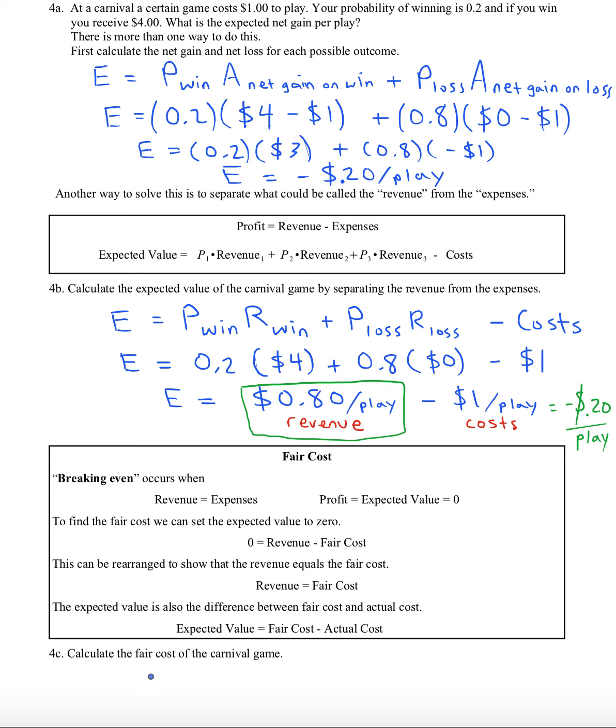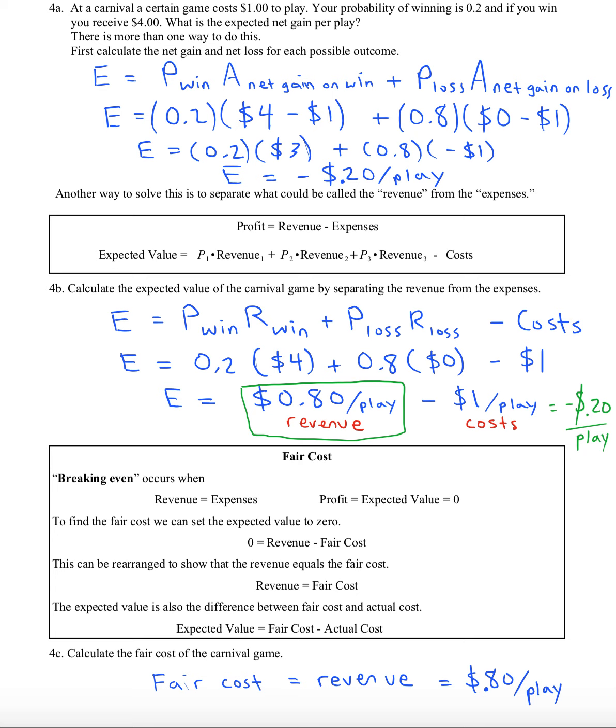The fair cost is the revenue. It's 80 cents per play. That's what the carnival operator should charge if they want the player to break even in this game.